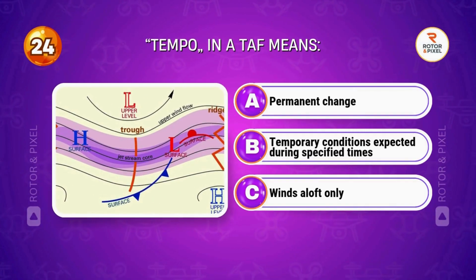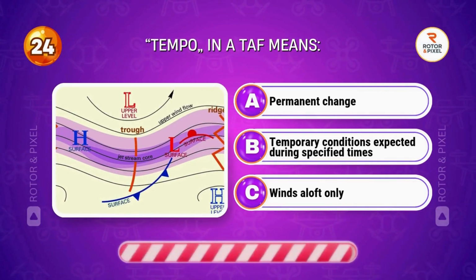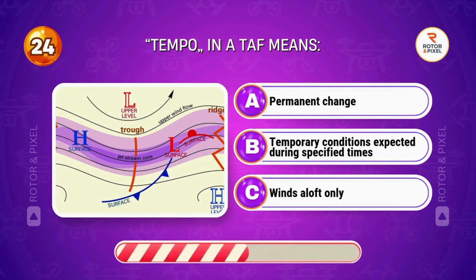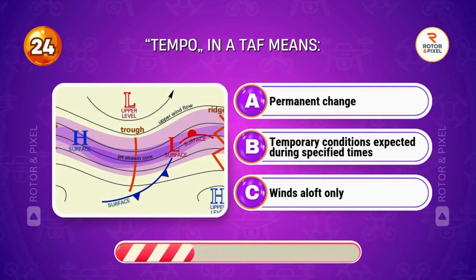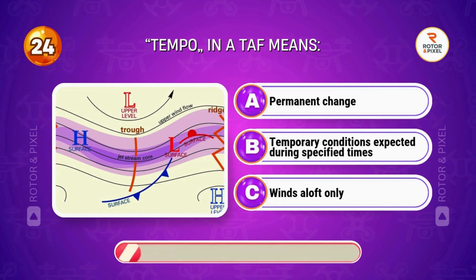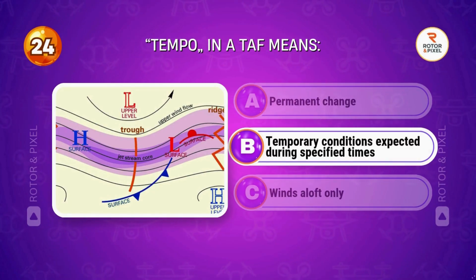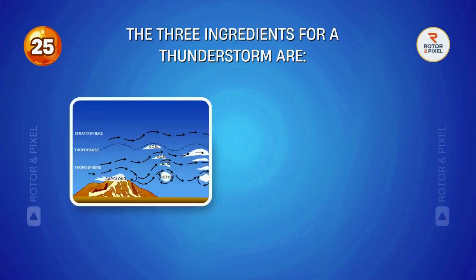TEMPO in a TAF means... Answer B, temporary conditions expected during specified times.